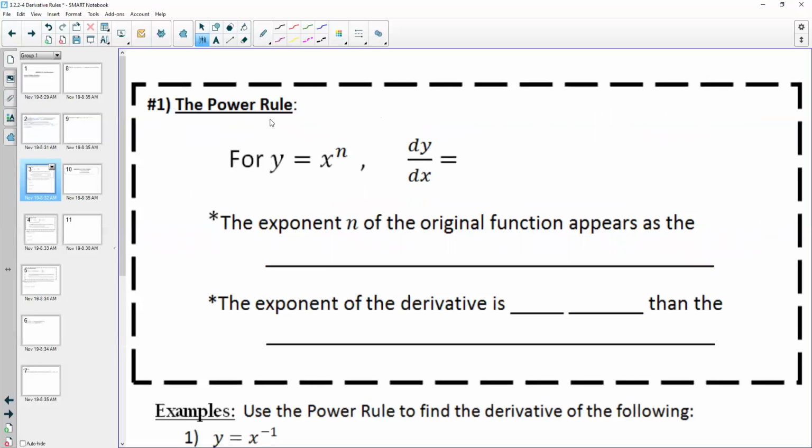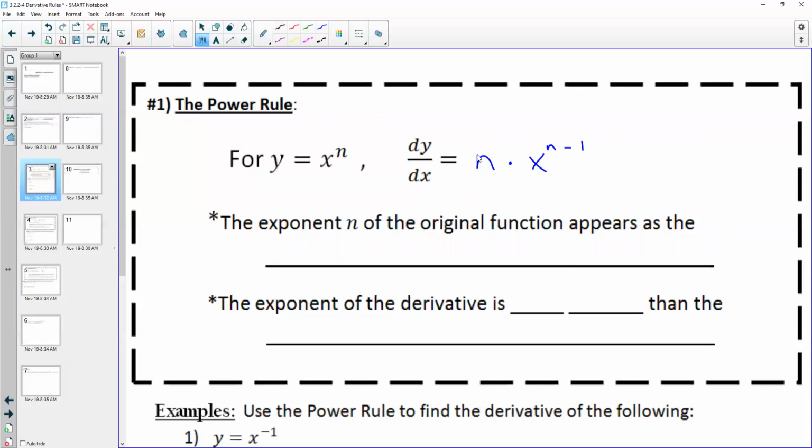So the power rule: for y equal to x to the n, the derivative of y with respect to x is equal to n times x to the exponent n minus 1.